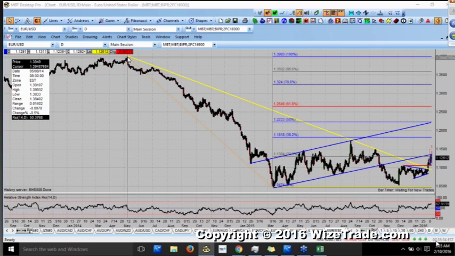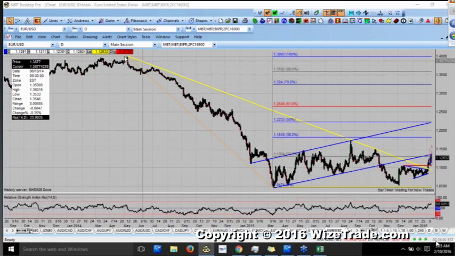Draghi announced he was going to consider doing quantitative easing or something like that, and the euro spiked up, and then it just reversed, and I got short the euro dollar at I want to say 139.80 something, and I covered it at like 132, somewhere down here, like a couple weeks later.